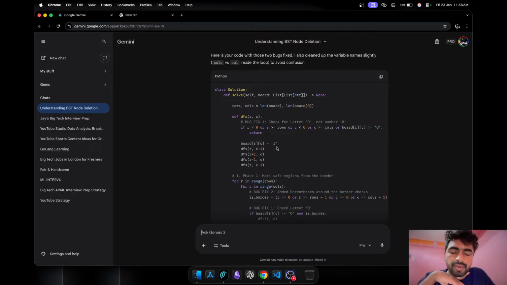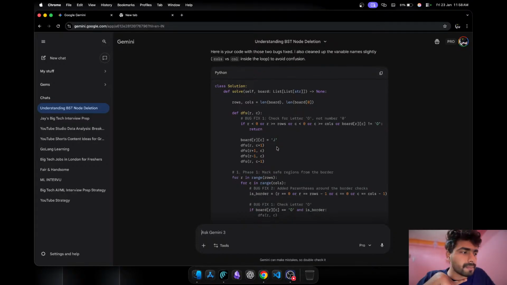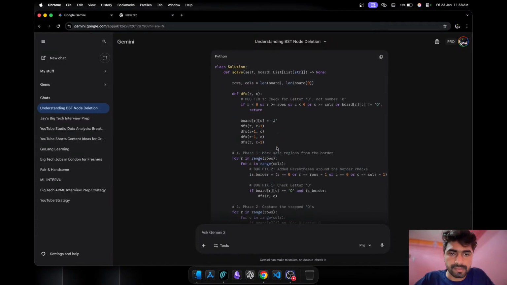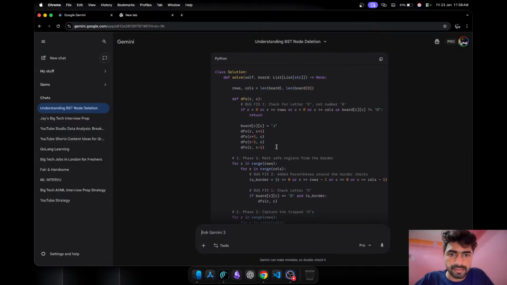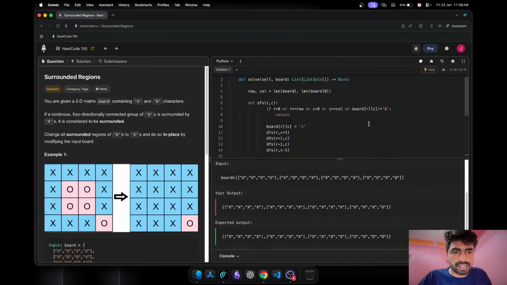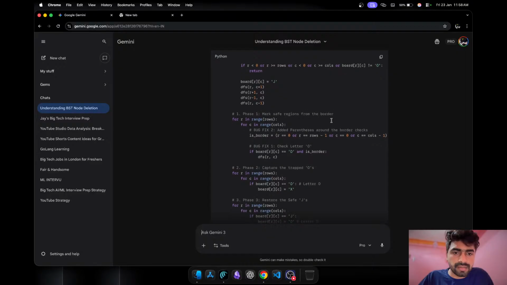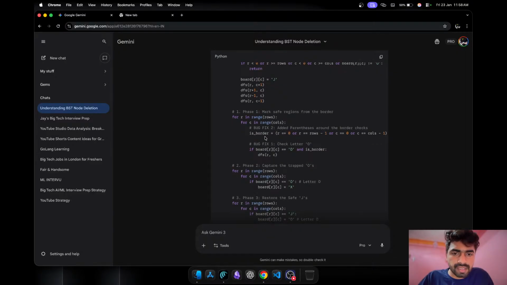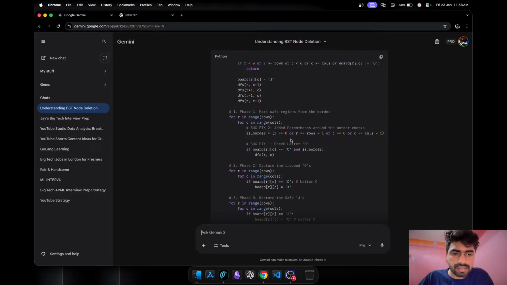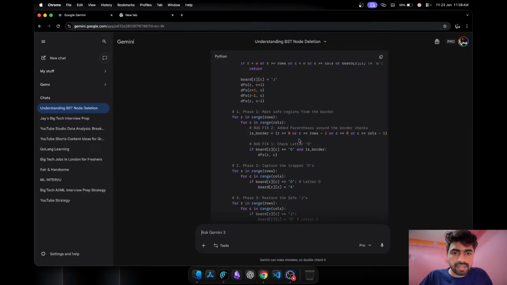Okay, let's see the code finally now. What I did wrong is I checked for the number 0, not the letter O. Okay, yeah, I have done this here. The second fix is the is-border check. Why is this here? I don't need this.